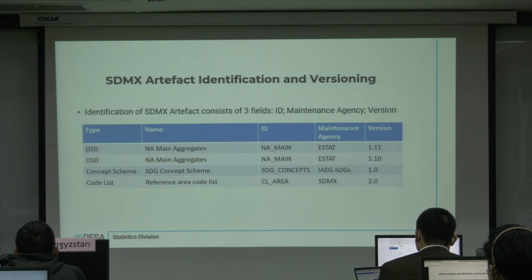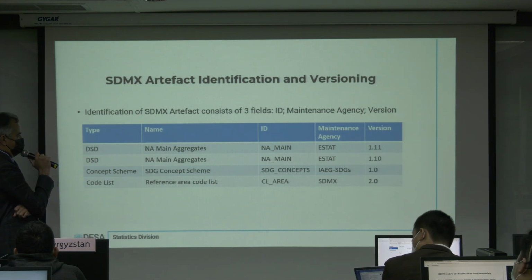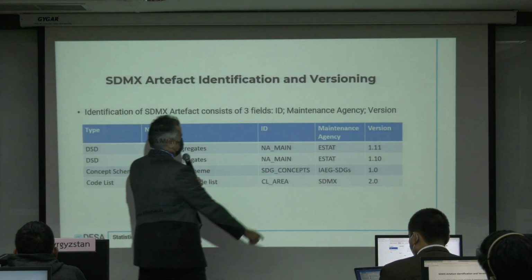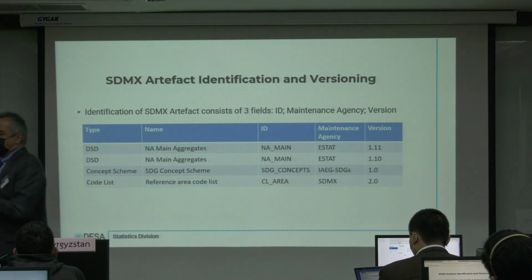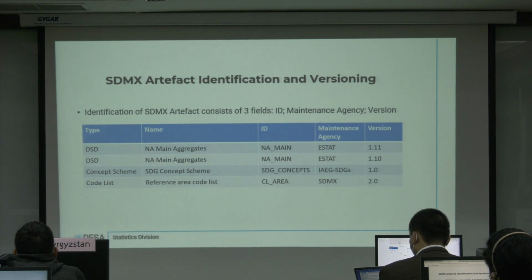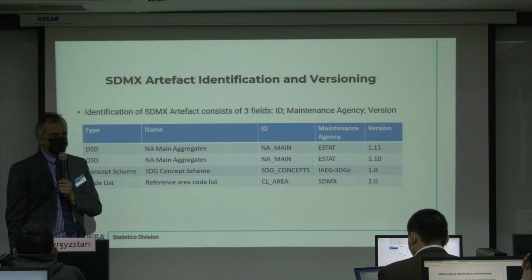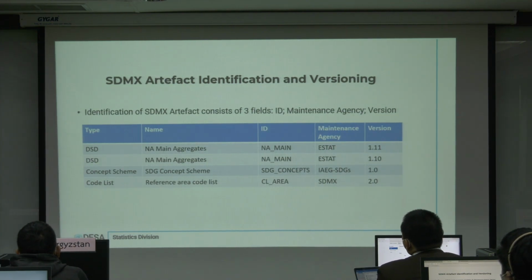SDMX artifacts have three pieces of identity: ID, maintenance agency, and version. If you are looking at two messages, and each one of them has an SDMX artifact with the same ID, agency, and version, that means that it's the same artifact. Okay? This is very important to understand.